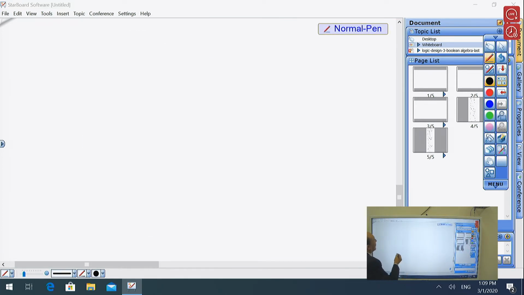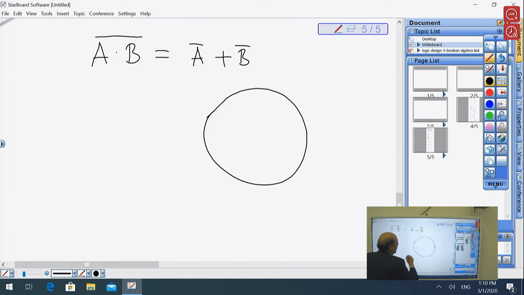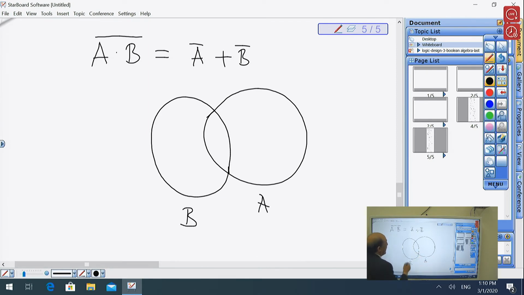We can prove De Morgan's law, for example, not (A and B) equals not A or not B, by means of a Venn diagram. Here we have A and here we have B. A and B is this part.